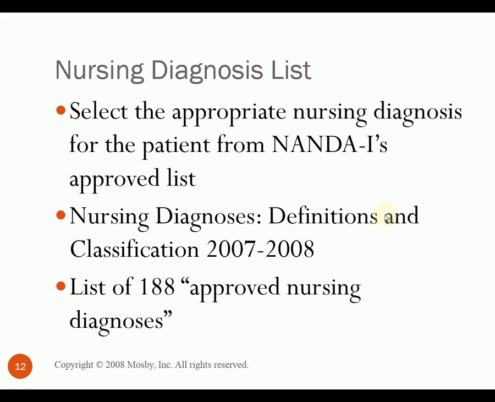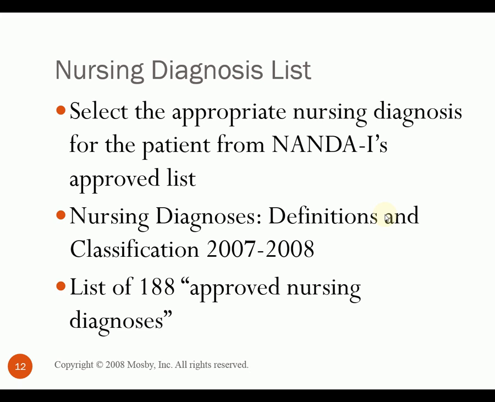But you need to know that the diagnosis does come from the NANDA list that I showed you in the nursing diagnostic book. Those lists are in the front of the diagnostic book, and the pages that have the green sides to them are all part of your NANDA diagnostic list.